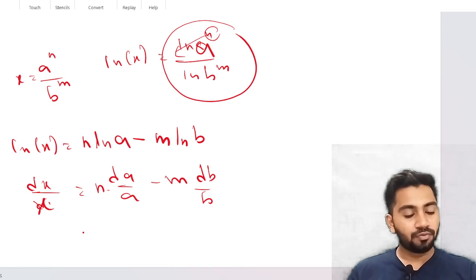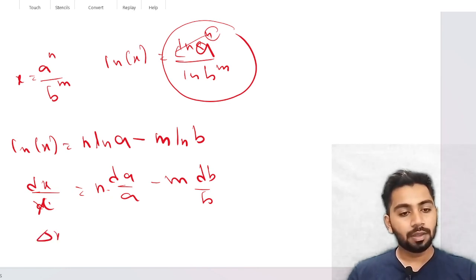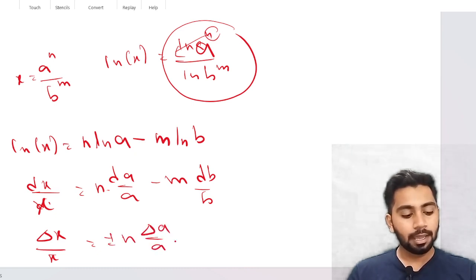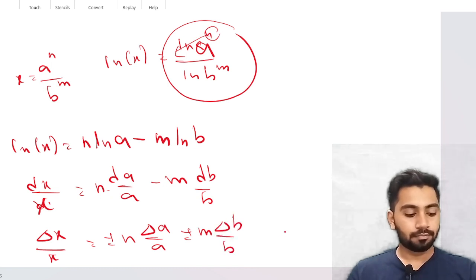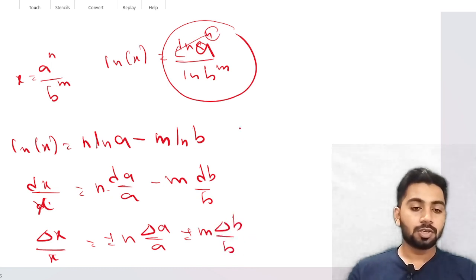That's it. If you want to write this in standard form, error x divided by x is equal to plus or minus n error a divided by a plus or minus m error b divided by b.